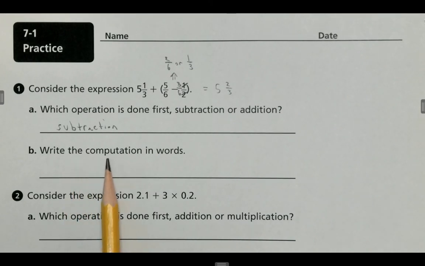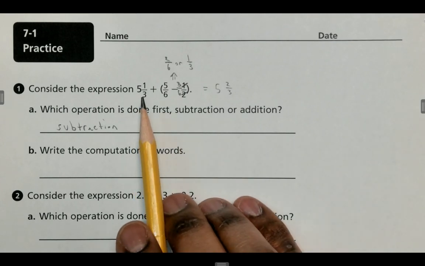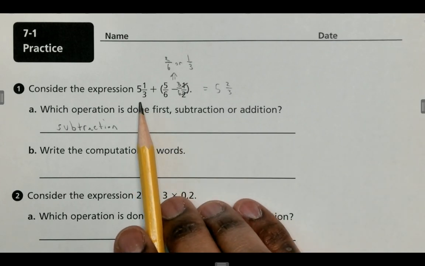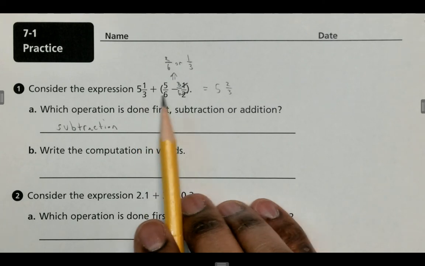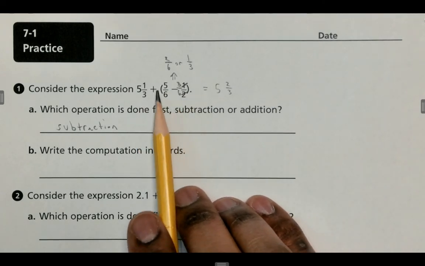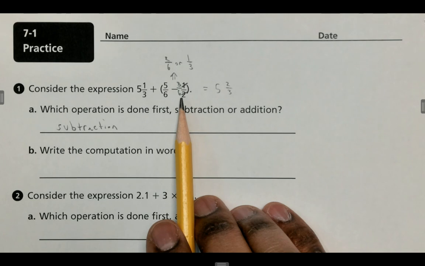Now we're asked to write the computation in words. Okay, so one way to do this would be to write it in terms of how we're actually solving it.